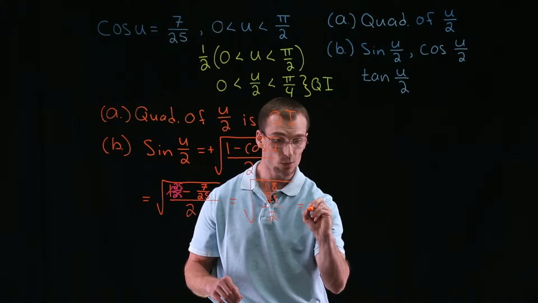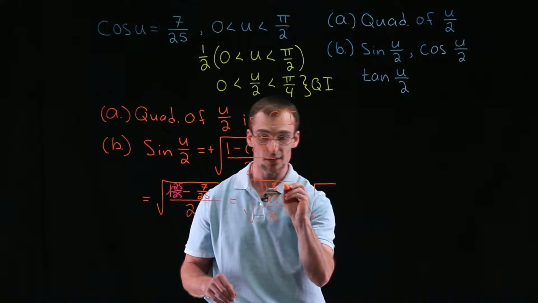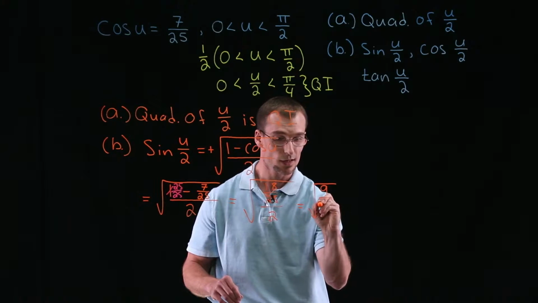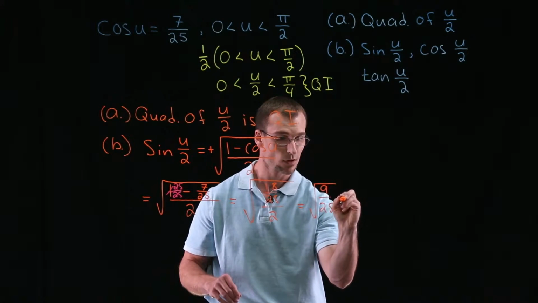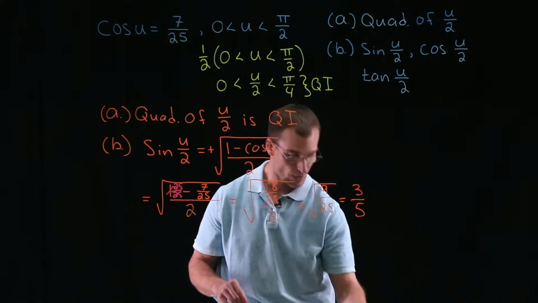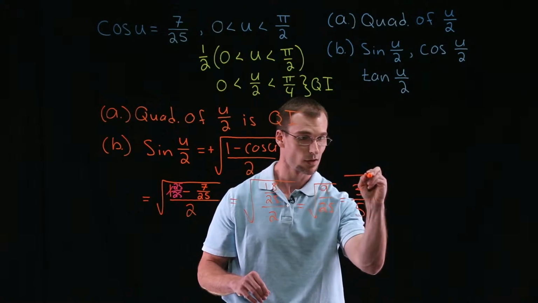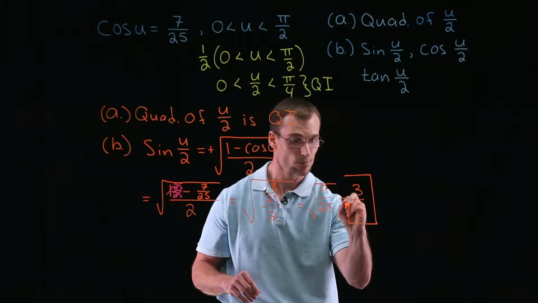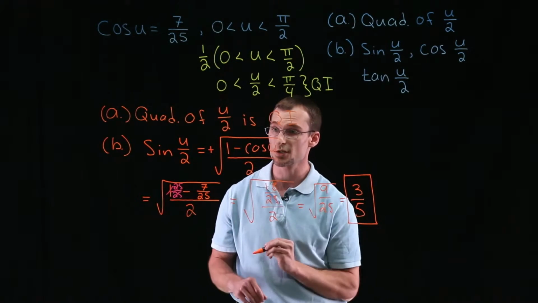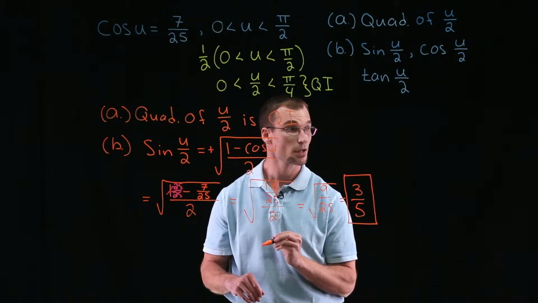Dividing the numerator by 2 gives us the square root of 9/25, or positive 3 over 5. So the sine of u over 2 is 3/5. That's our sine. Next, let's take a look at cosine.